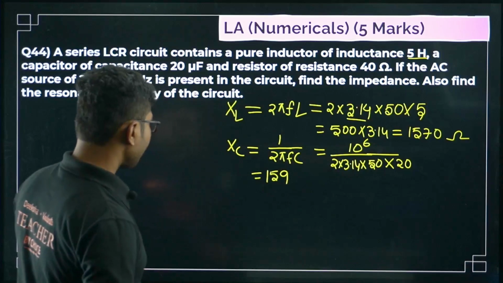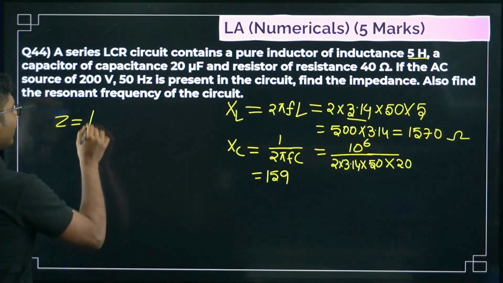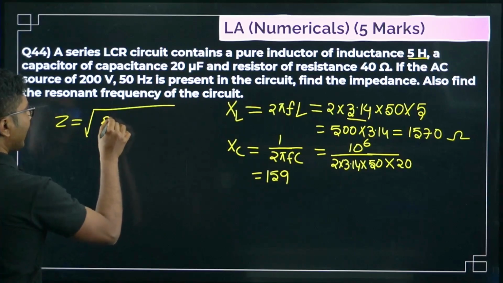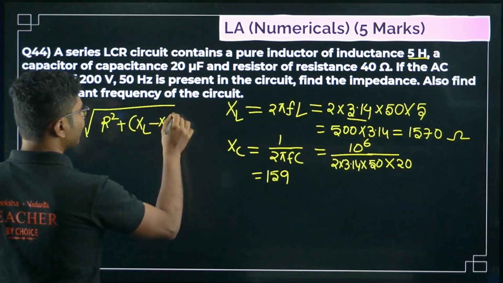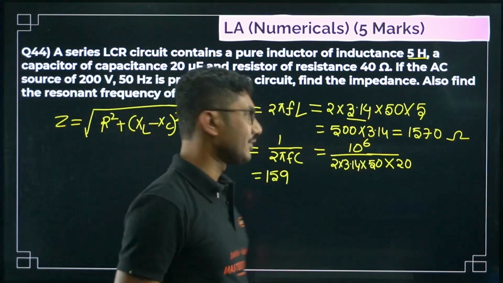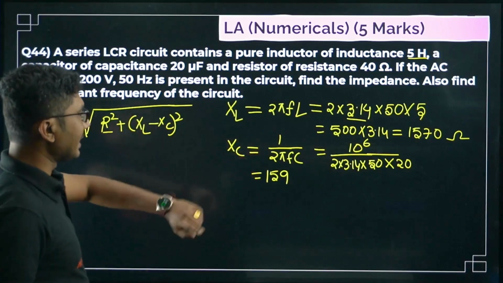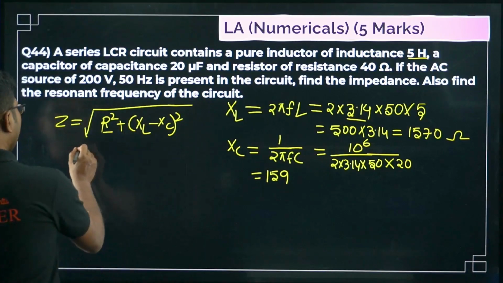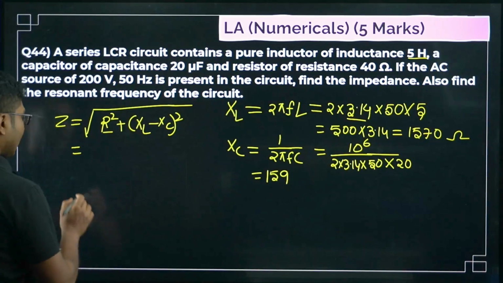Then the impedance is given by the square root of R square plus (XL minus XC) whole square. If you are using a calculator, these are easy questions. R is 40 ohm, XL we have calculated, XC we have calculated. Put the values in and you will get the answer. I will show you the answer, not right now.